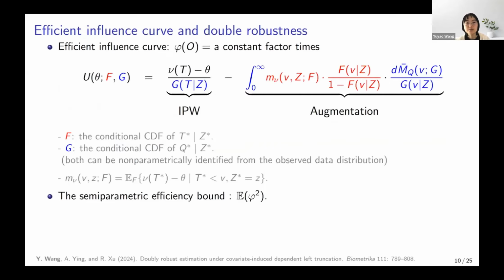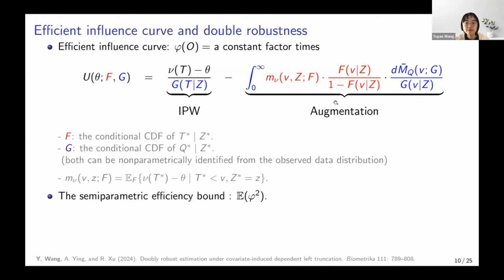And under these assumptions, we derive the efficient influence curve for theta, which turns out to be this constant factor times the augmented inverse probability weighting form, where the IPW term involves the probability from the truncation distribution G, which is the conditional CDF of the truncation time given covariates. And the integrand in the augmentation term is a weighted backwards martingale integral, where this backwards martingale is associated with the truncation time.